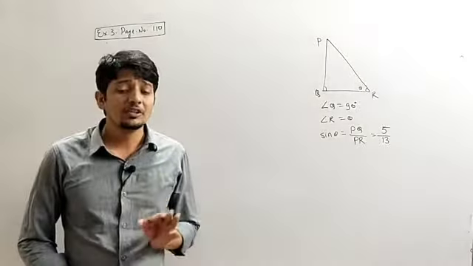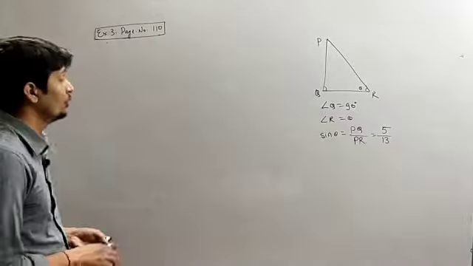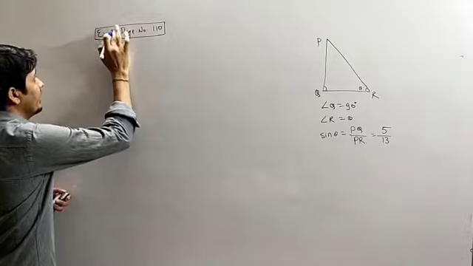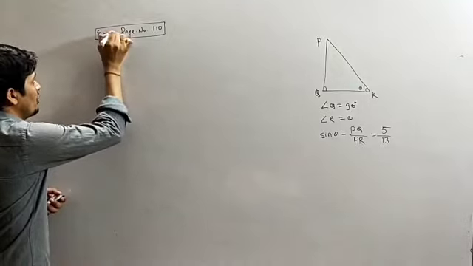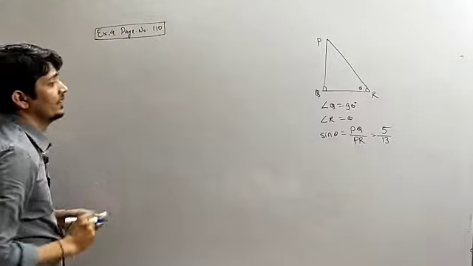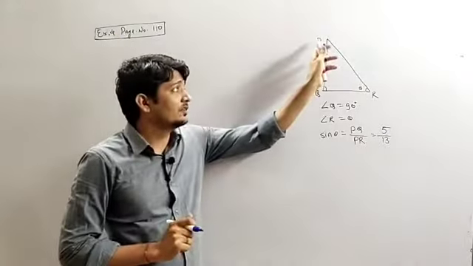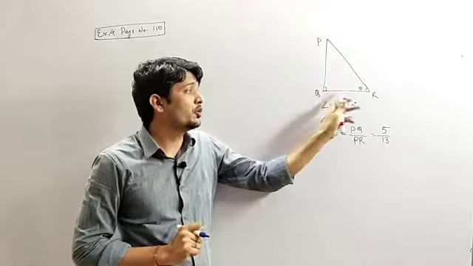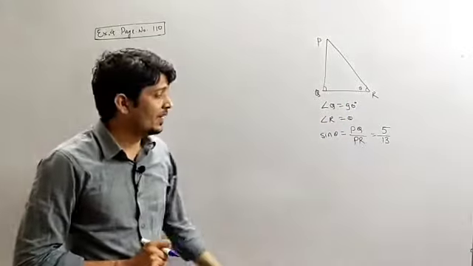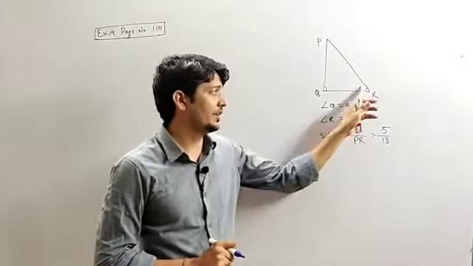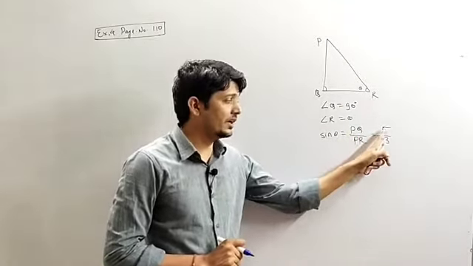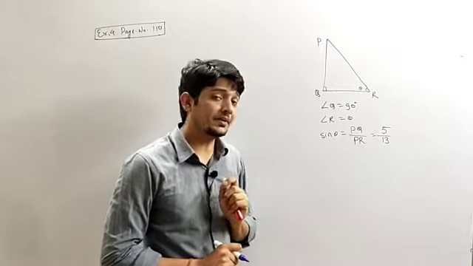So now we will solve solved problem 4, which is given in your textbook, page number 110. It says it has the right angle triangle PQR, where angle Q is 90 degrees and angle R is theta, and it is given that PQ divided by PR is 5 divided by 13.